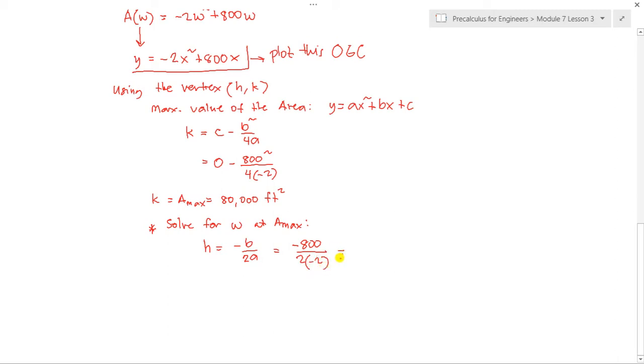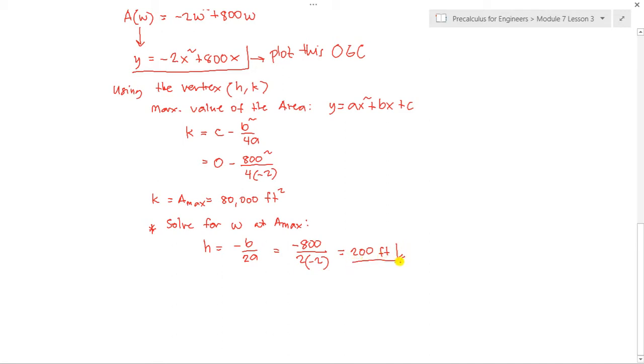So that is 800 divided by 4. That is 200. So 200 feet is the dimension of our width. So this would be one of our answers.